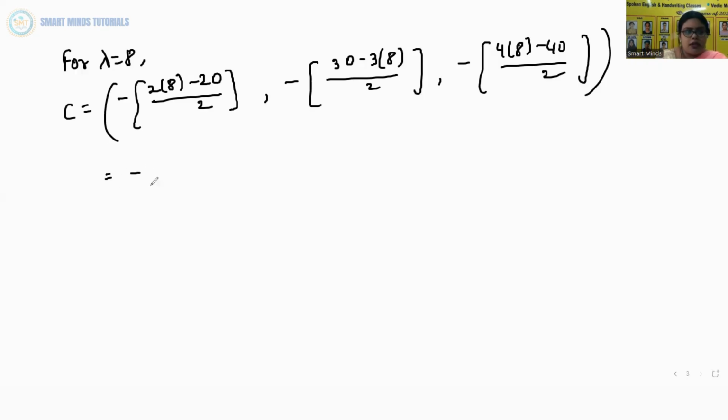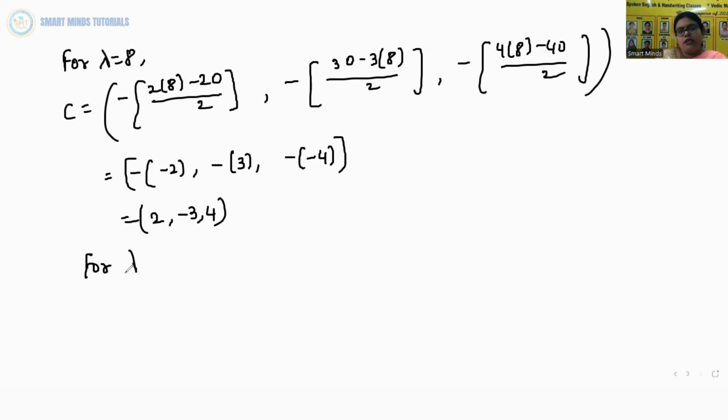So if you solve the first bracket, you get minus 2. If you solve the second bracket, you get 3. If you solve the third bracket, you get minus 4. So that is 2 comma minus 3 comma 4.